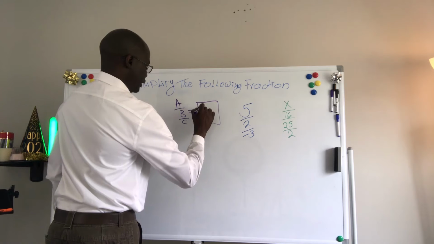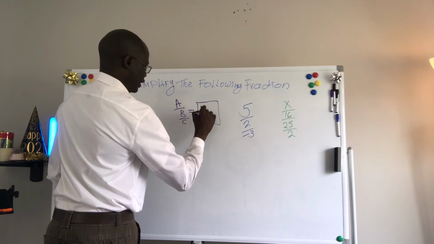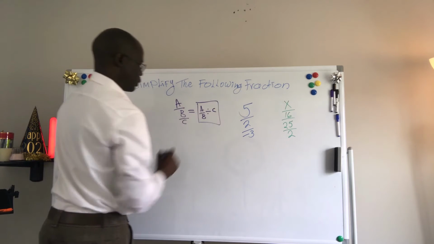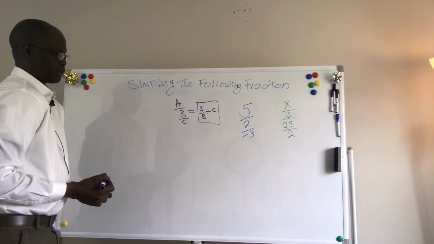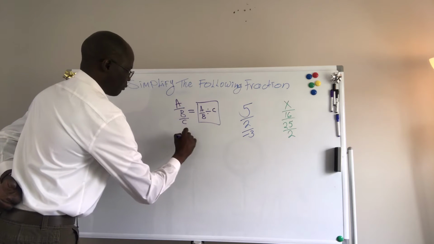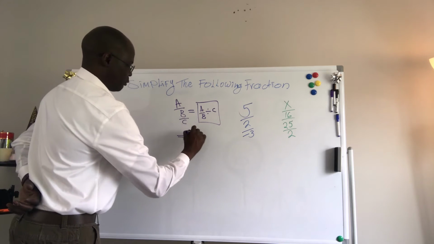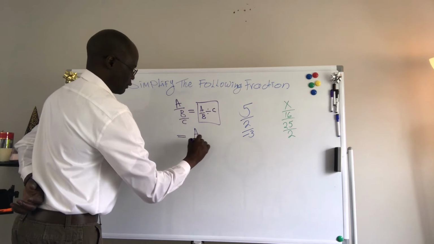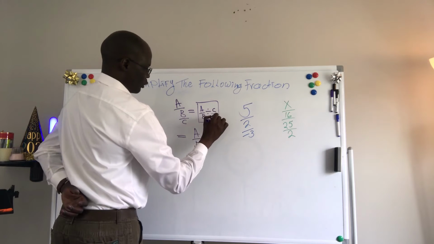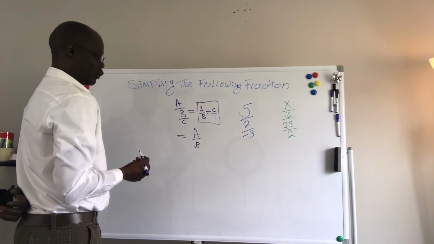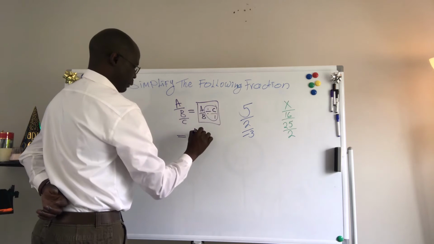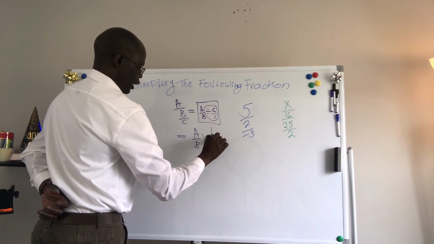It will be a divided by b and the whole thing divided by c. And then, to simplify it, you still have a divided by b. And remember here you have 1. We're not saying it, but it's 1. But after that, it's going to change to times 1 over c.